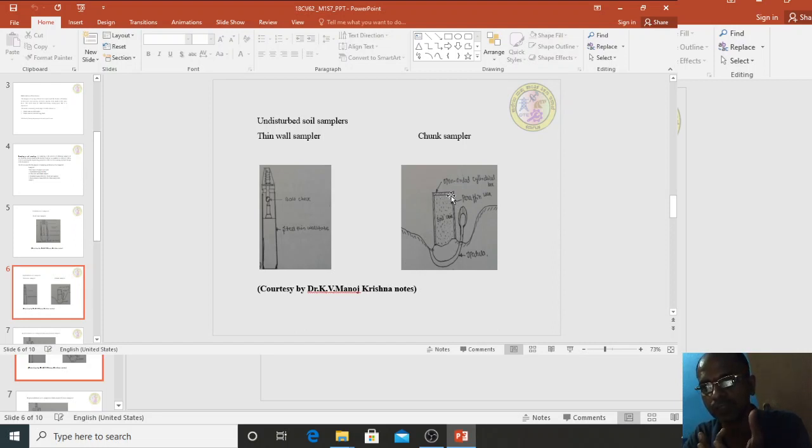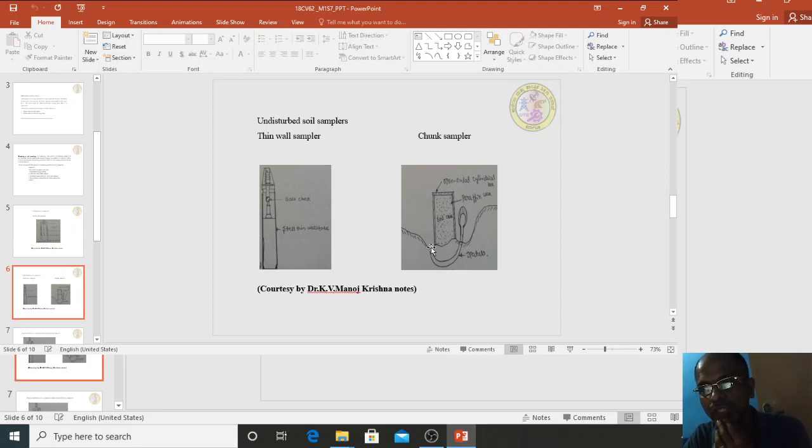Afterwards, on top also put some sawdust and waxing should be done. Close the top of that box, turn it upside down using a spatula, cut the excess soil, put the sawdust, wax, and close the lid, and with minimum disturbance take it to the laboratory.